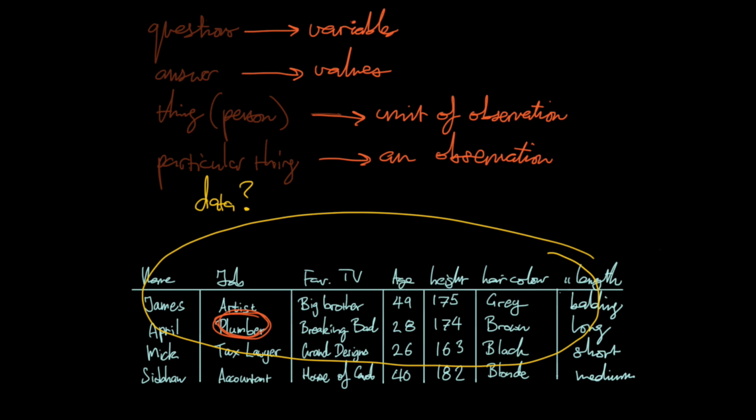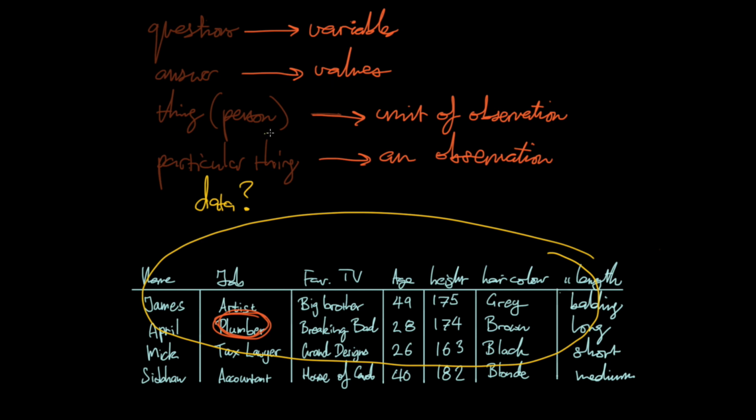So now you know all the basic terms we'll be using to talk about data, as well as what the term data means. So let's recap. When we want to describe something, we look at the attributes of it we want to describe. For each attribute, we ask a question, or we have a variable. For each variable, we have a lot of answers, and these are our values.